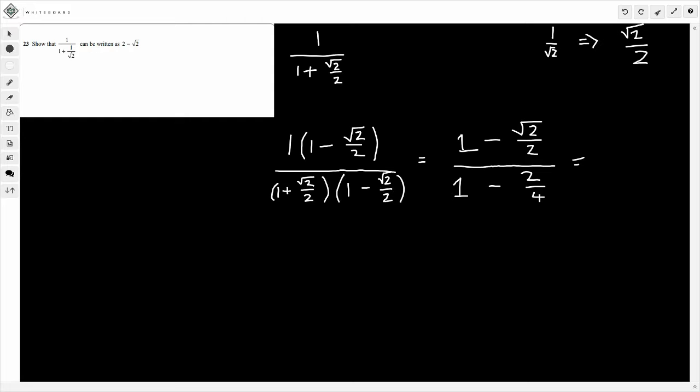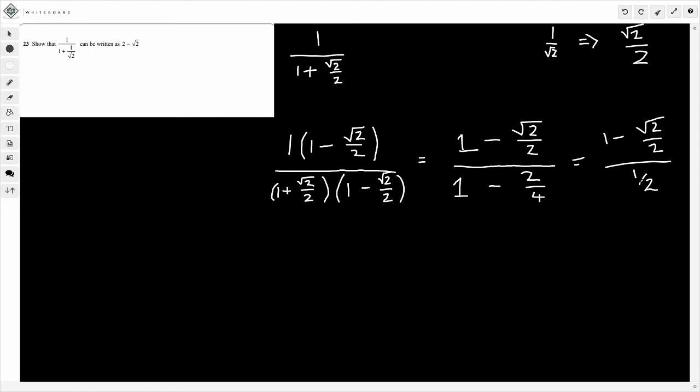So this becomes 1 minus root 2 divided by 2, all divided by a half. Now we've got to simplify this last bit, and we're not too far off. We've got a 1 here, they've got a 2; we've got minus root 2 divided by 2, they've got divided by 2.